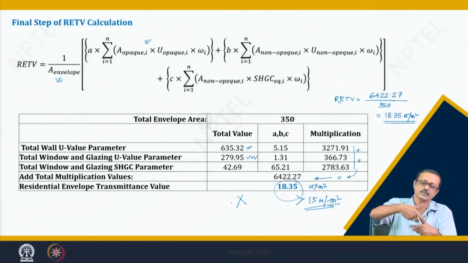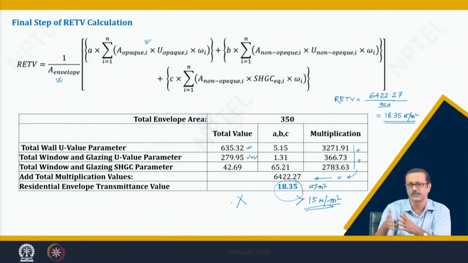So, if I take another floor, my total envelope area will be 350 plus 350, so 700, and everything will be increased proportionally, and again I will come down to the same value of 18.35.